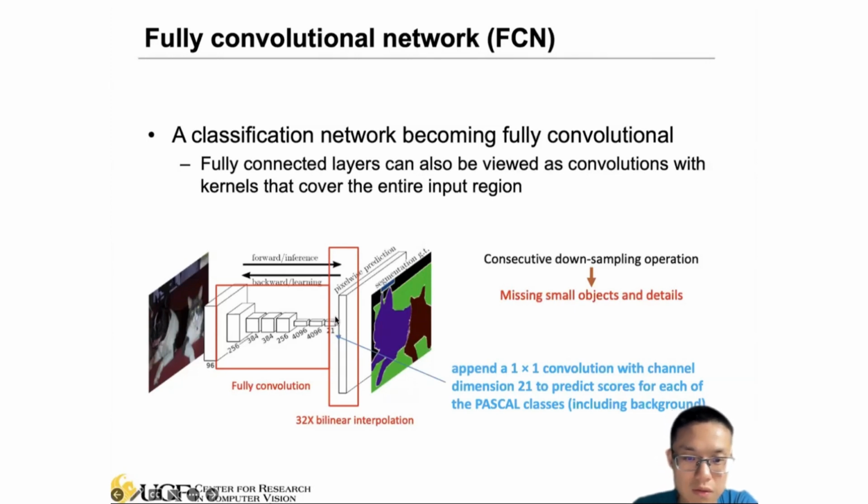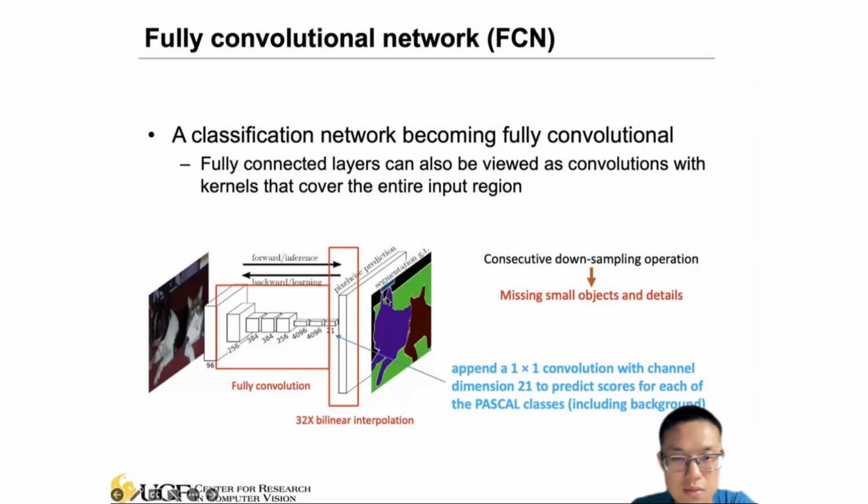Because we need a segmentation map of the original size, in this case they do bilinear interpolation. You just directly interpolate from this low spatial resolution to the original spatial resolution.